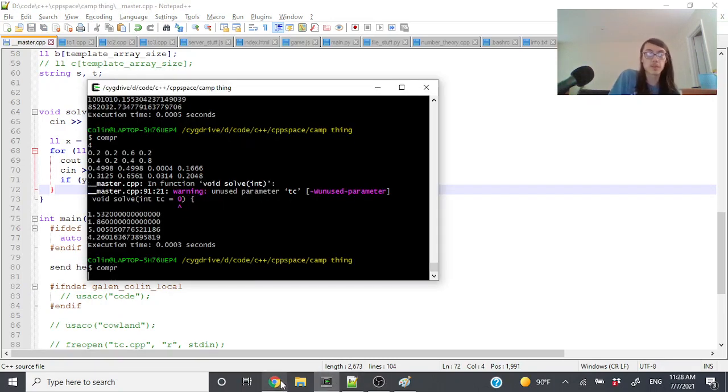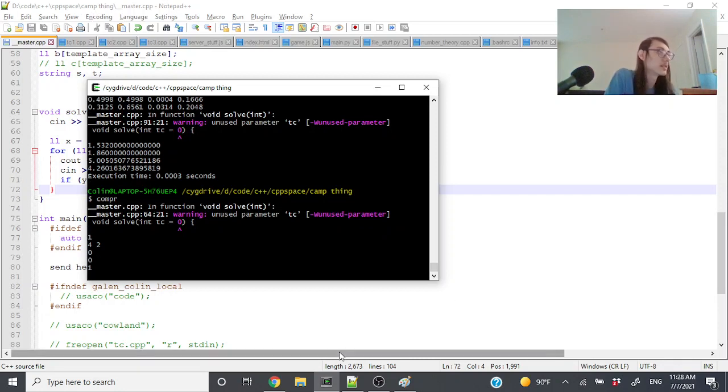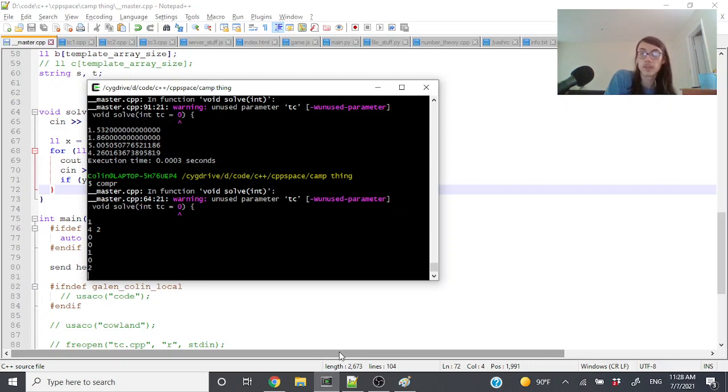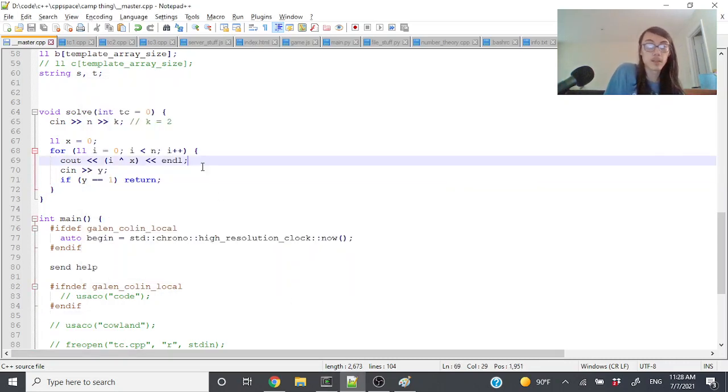So let's say n equals 4. The hidden number is 2, or the hidden number is 3. So I guess 0. Now I give you 0. And I guess 1. Now I give you 0. So now the number is 2. Oh, wait.